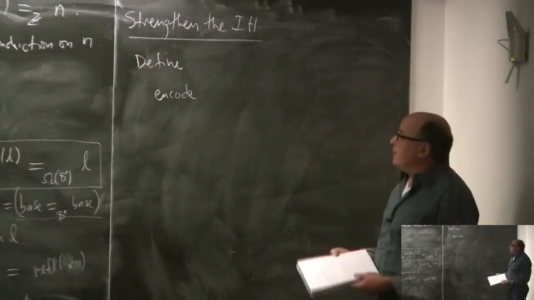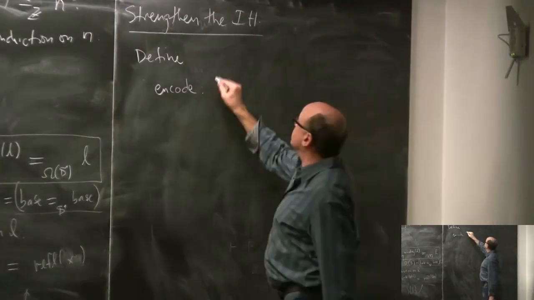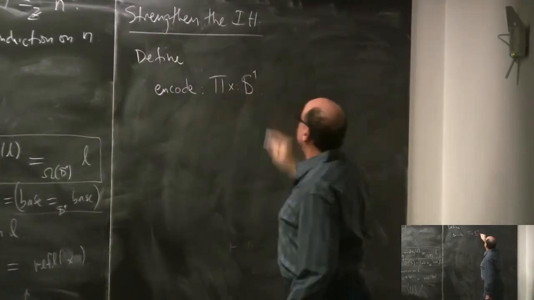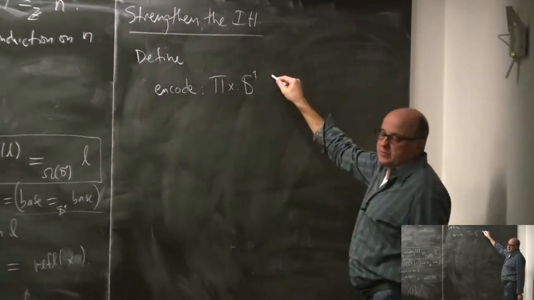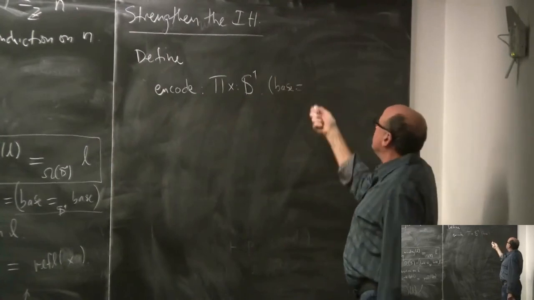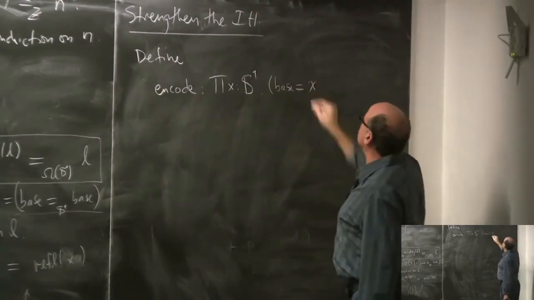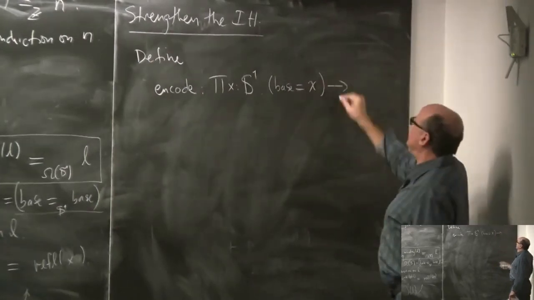Okay, so what I'm doing is, I'll define encode. And encode has the following type, S1. What does it do? It lets us do a based path induction. So we discussed this before. You can get a form of path induction in which one endpoint is free. That's good enough. Okay? That is fully general, so we can work on this.